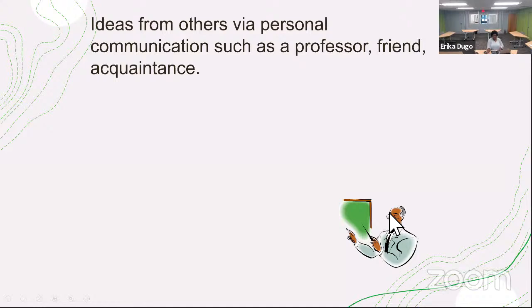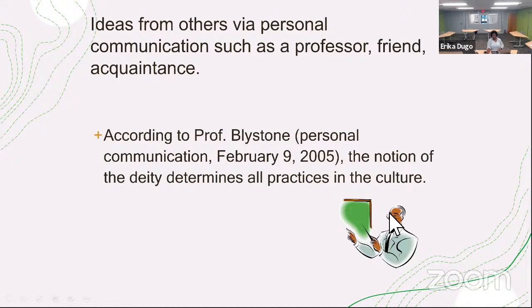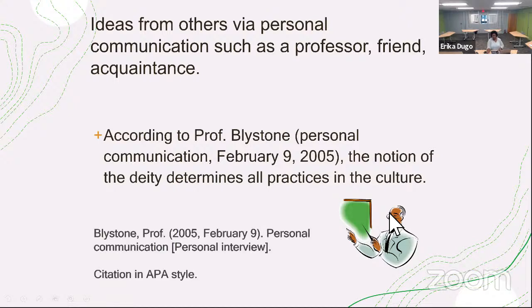So lastly, you want to acknowledge ideas from others via any personal communications, such as conversations that you may have with a professor, friend, or acquaintance. So this is an example of what that would look like in your paper. And this one is in APA style.